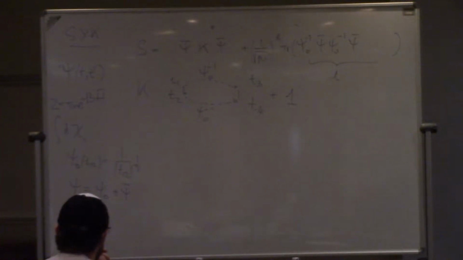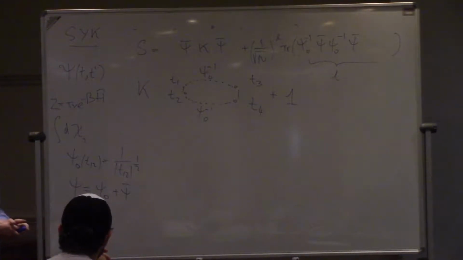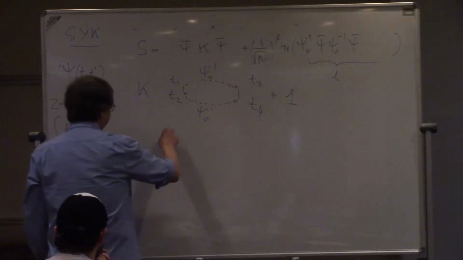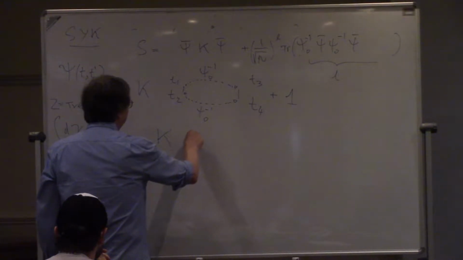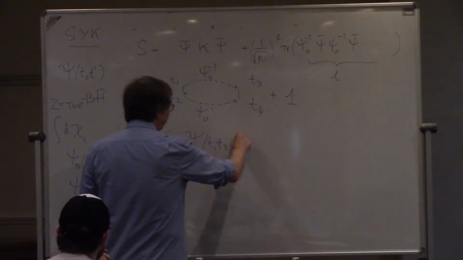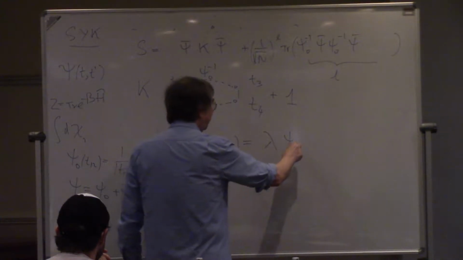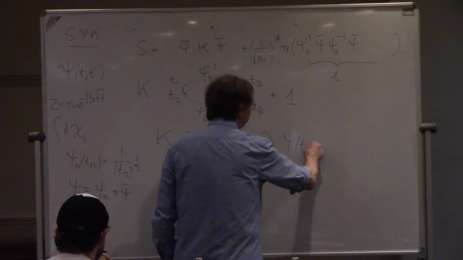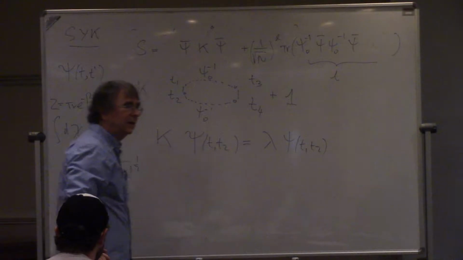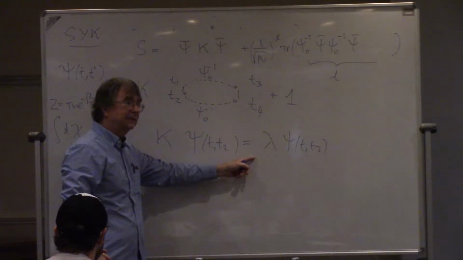But as you have seen, it's not that simple. The equation K, wave function, I will use the same letter as for my field. The wave functions which you have solved are the bilocal kernel, or bilocal propagator, with an eigenvalue lambda, to define the propagator. This is our standard discussion of trying to define the propagator. You have the quadratic form, you find the eigenfunctions of that quadratic form.